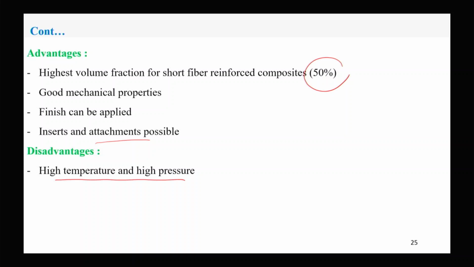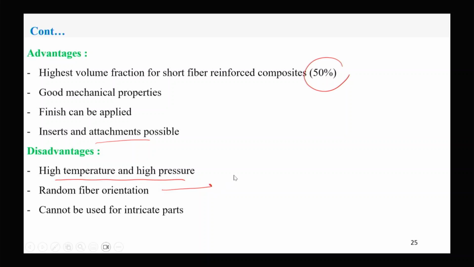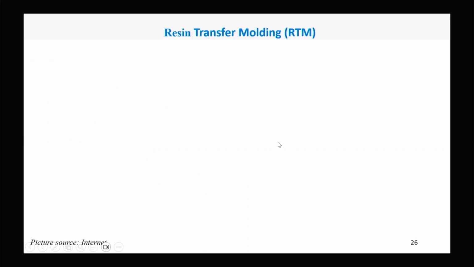So we need high pressure and high temperature, and random fiber orientation only, because we cannot have some preferential direction orientation. So that's a disadvantage, and intricate parts cannot be manufactured here, and only staple fiber. We cannot have continuous filament in this system.